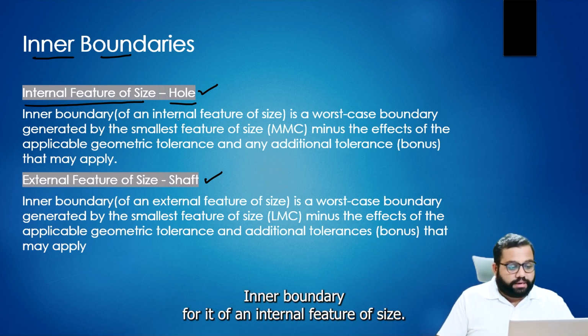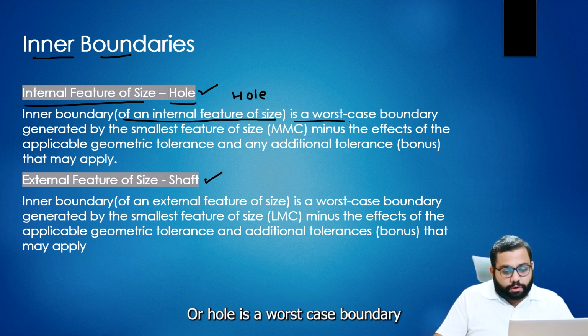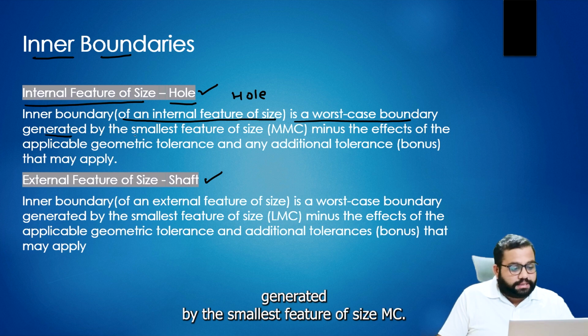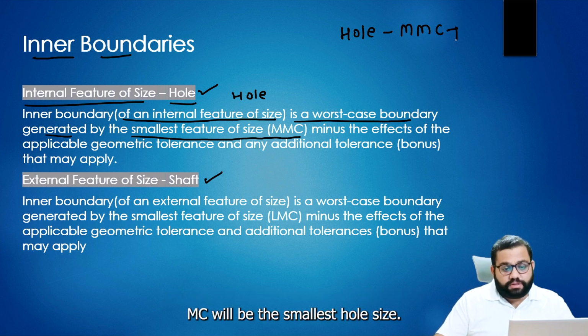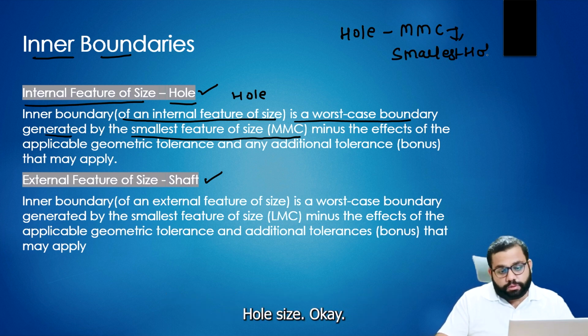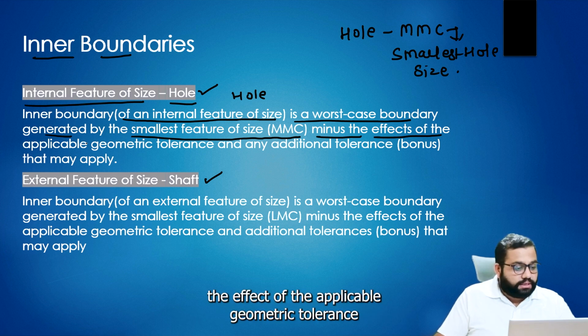Inner boundary for an internal feature of size or hole is a worst case boundary generated by the smallest feature of size, MMC. For a hole, MMC will be the smallest hole size.